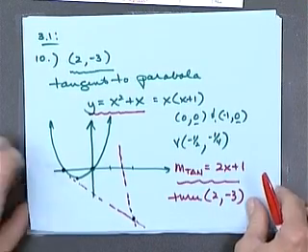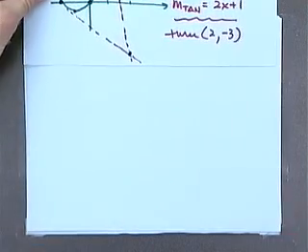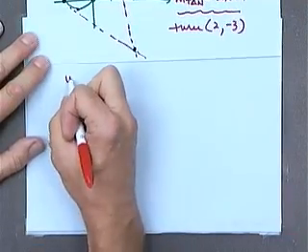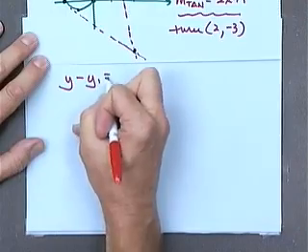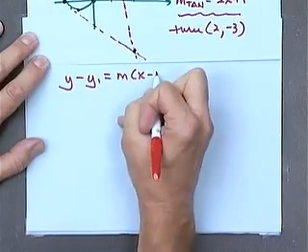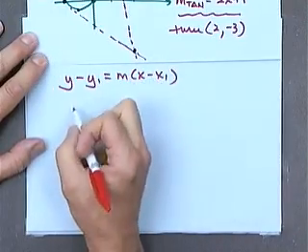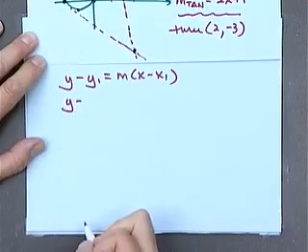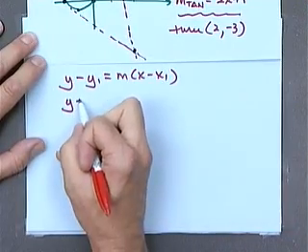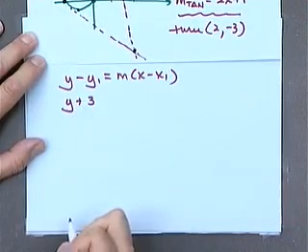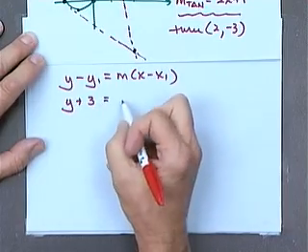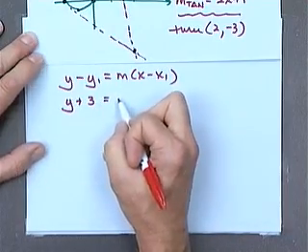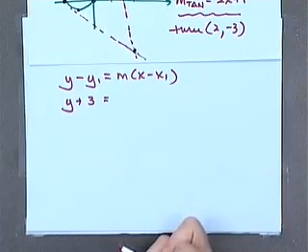Let's see what that gives us. So y minus the known y value, so y minus -3 equals slope. We don't know the point of tangency. That's the problem.